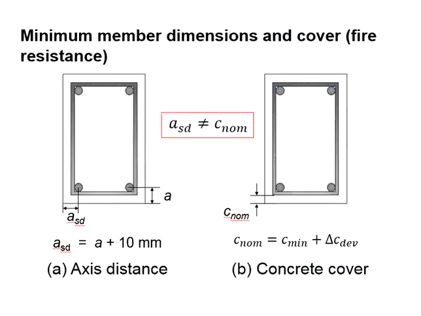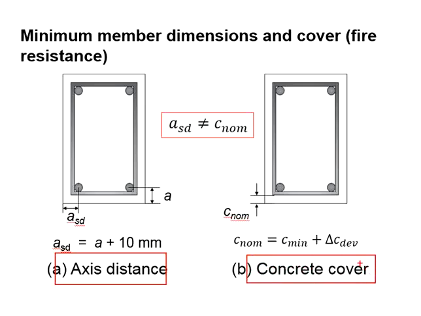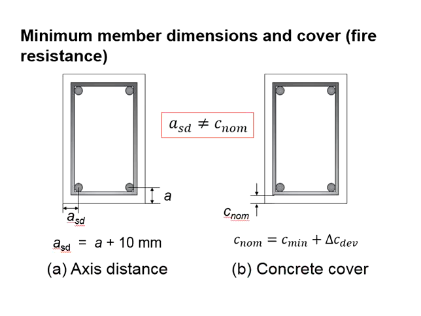Bear in mind that the axis distance is not the same as the concrete cover. In terms of the purpose, designing the concrete cover is to determine the required thickness of the protective layer to the steel reinforcement, both the shearing and the main reinforcement, from being exposed to the environment, which can deteriorate the quality of those reinforcements.